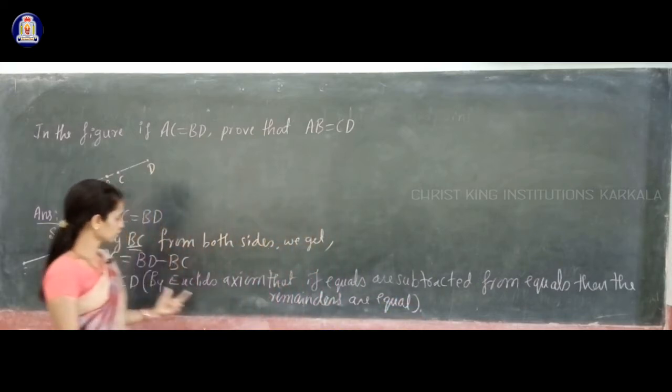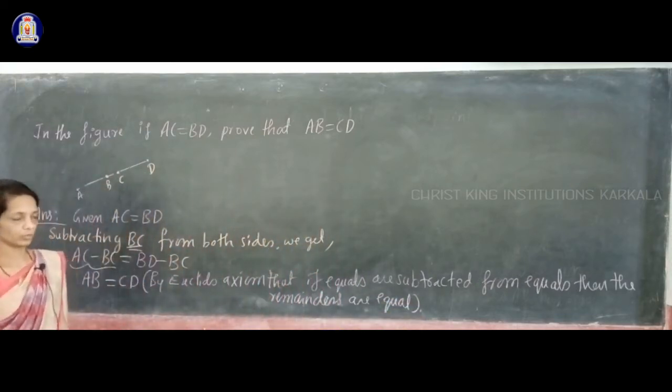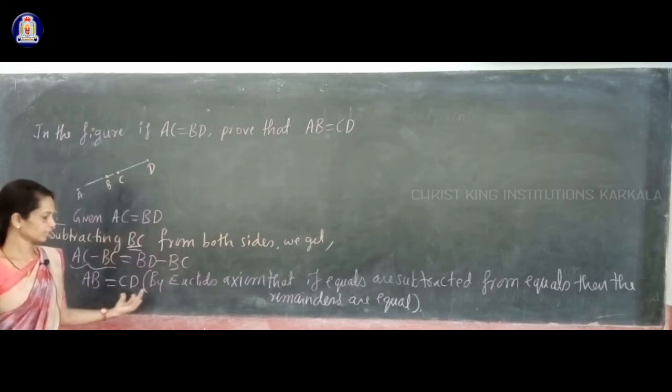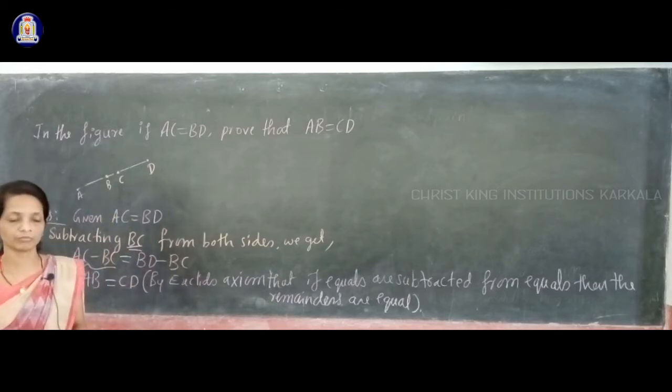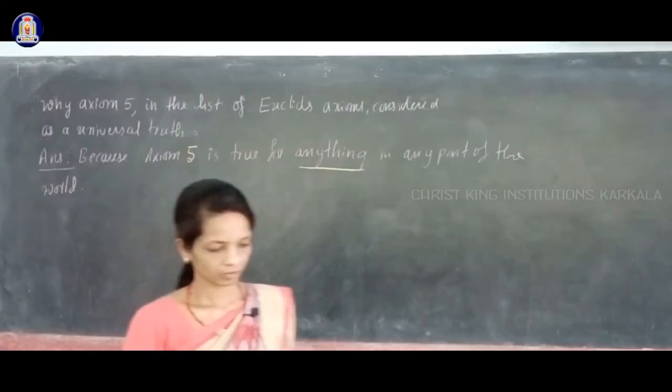Using that axiom we got AB is equal to CD, and you can see that by observing the figure also. Thank you.